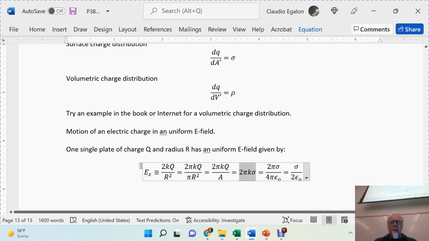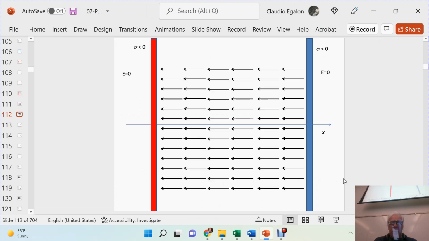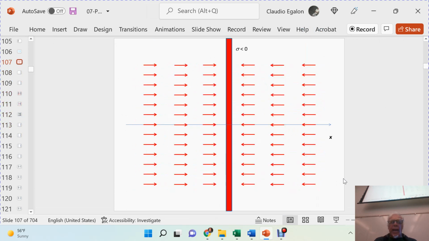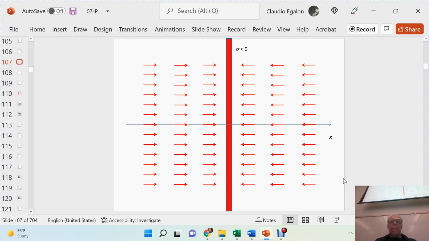Okay, but remember, that's just for a single plate. A single plate, going back to a single plate here, has an electric field that's equal to sigma over 2 epsilon naught. Okay, whether the charge is positive or negative, the strength is sigma over 2 epsilon naught.